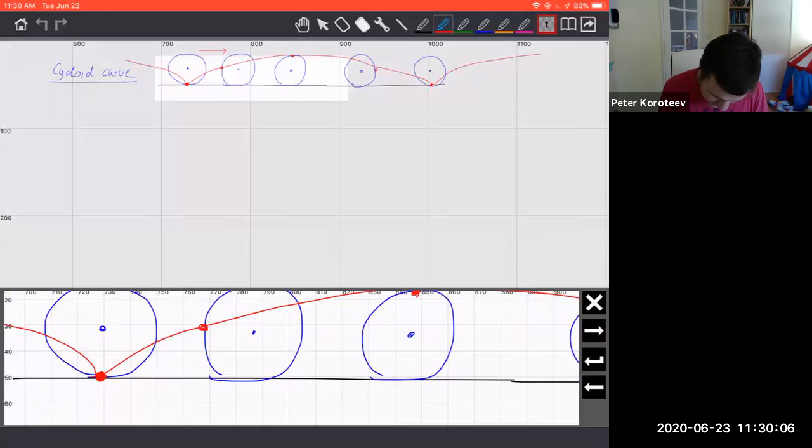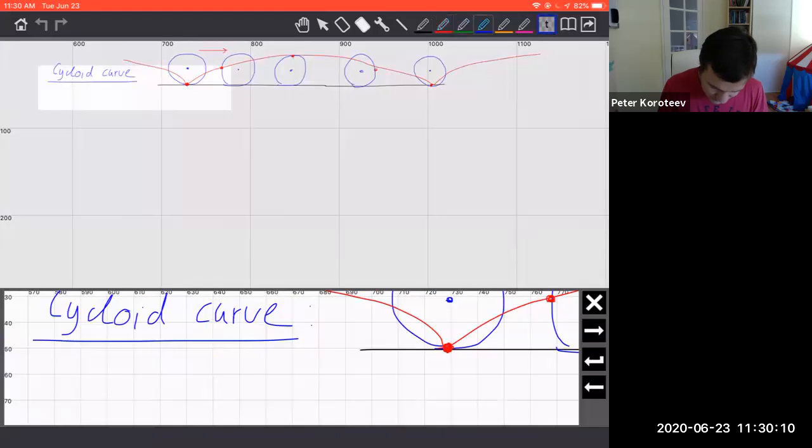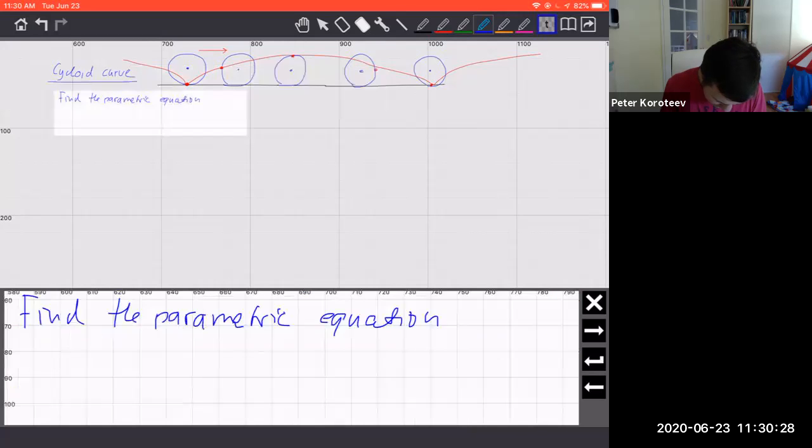Yeah. So our task is to find this curve, right? So find the parametric equation for the cycloid, for this red curve.